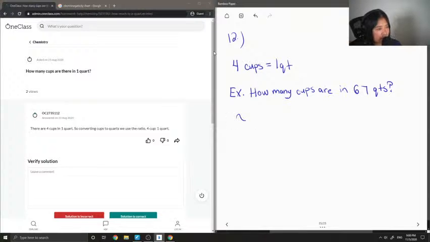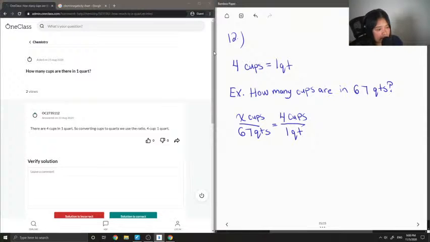So the first thing I would do is write X cups, since this is the units that I'm looking for, divided by 67 quarts. And then on the right side of the equal sign, I'm going to put my conversion factor, which is the 4 cups over 1 quart.